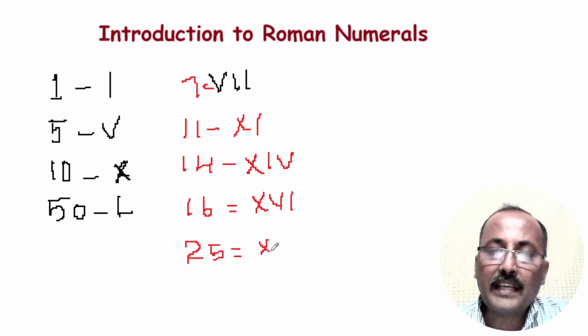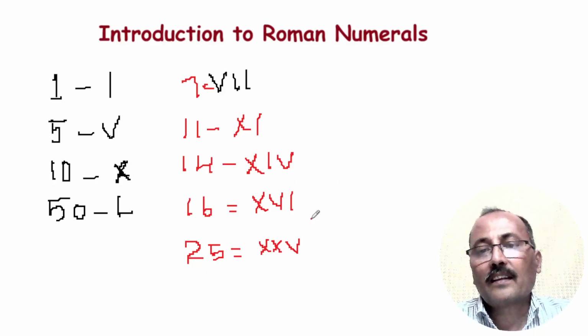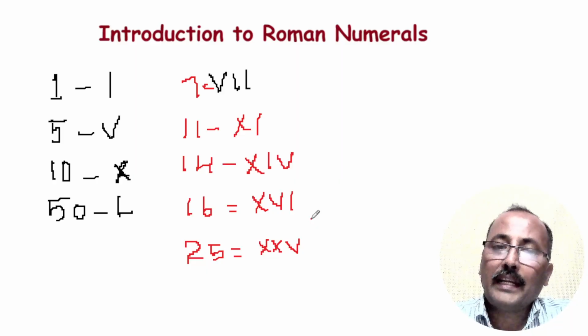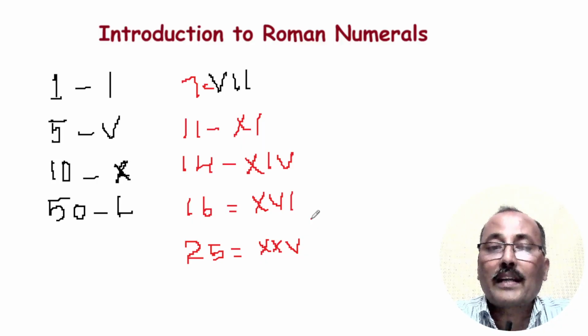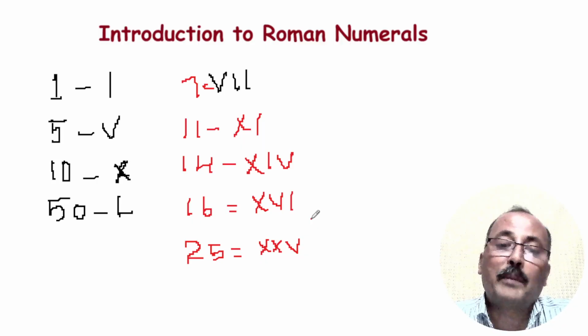For 20, X X, and for 5, V. My dear children, even though it has a few extra symbols compared to now, compared to the ancient period, what these people developed is far better.